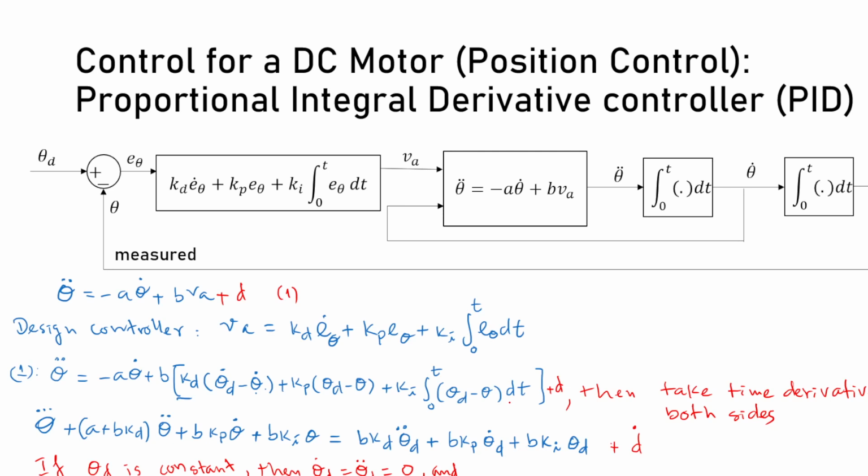Then we realize that actually the integration term can deal with the disturbance. It means the integral from 0 to t times some constant can cancel out, can compensate the disturbance if the disturbance is constant.